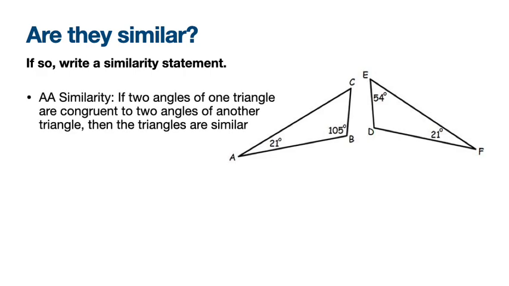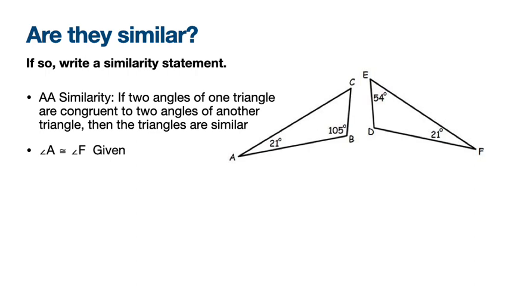By the angle-angle similarity postulate, I have to apply that one because I know nothing about the side lengths here. If two angles of one triangle are congruent to two angles of another triangle, then the triangles are similar. Well, I'm given that angles A and F are congruent.